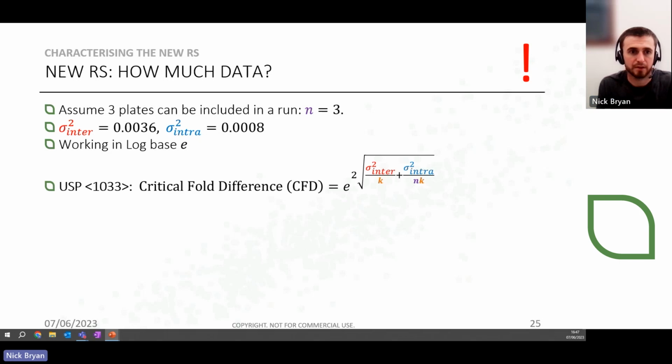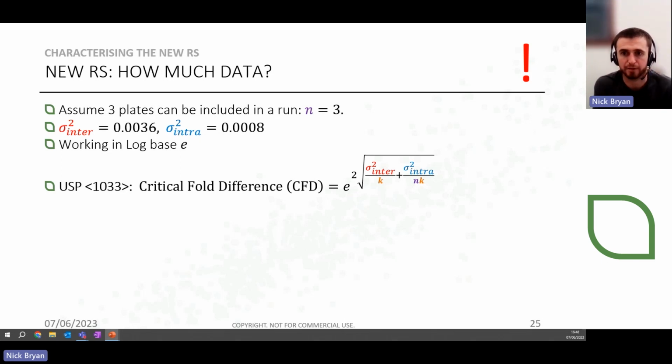So I mentioned this critical fold difference. Our estimates of intra and inter-run variability can be used to determine the size of differences, or the fold difference, that can be distinguished between samples tested in a bioassay.